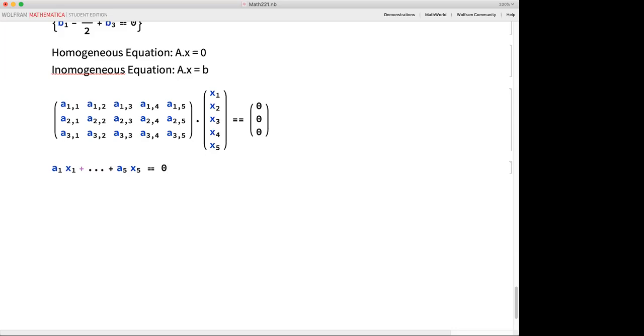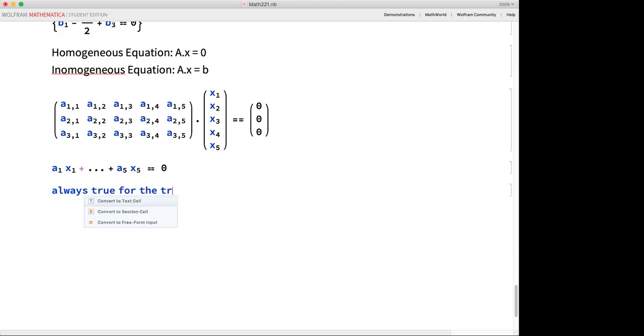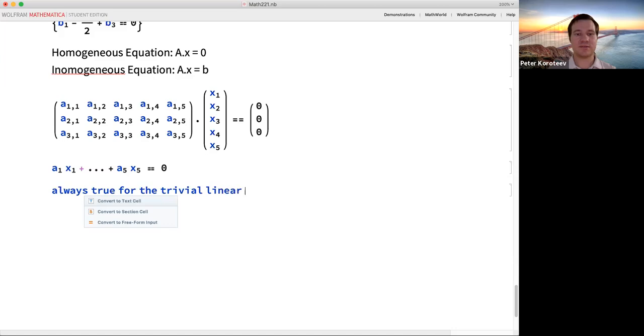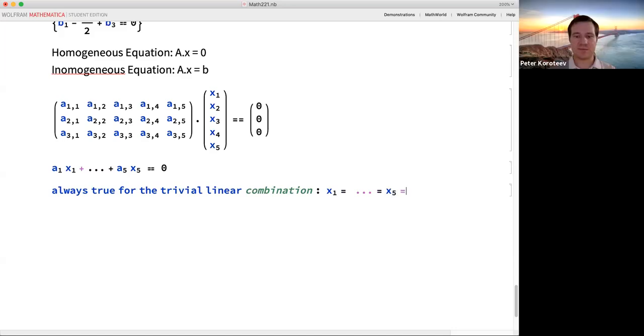Let all the x become 0. Yeah, absolutely. And as we talked about earlier, this is the so-called trivial linear combination, right? So it's always true for the trivial linear combination, which means x1 equals and so on equals x5 equals 0.